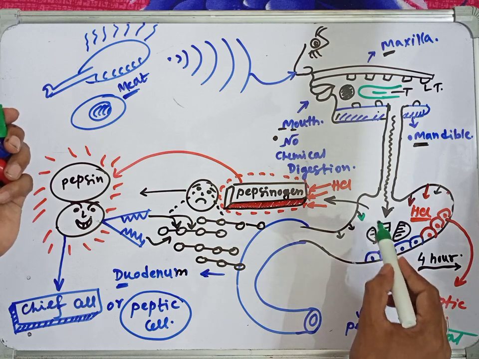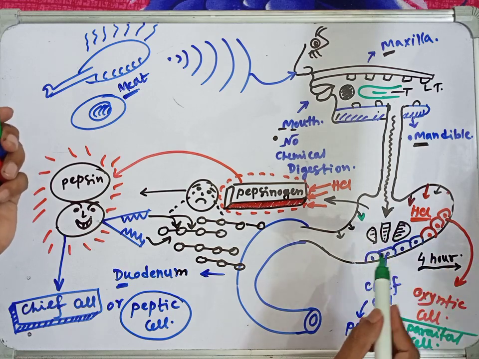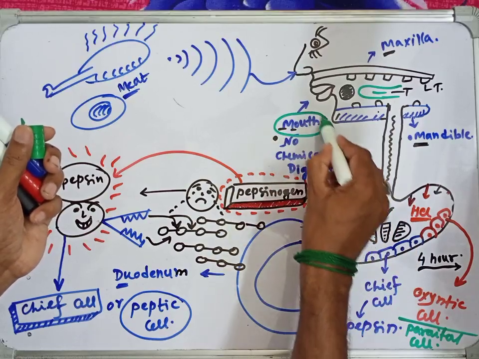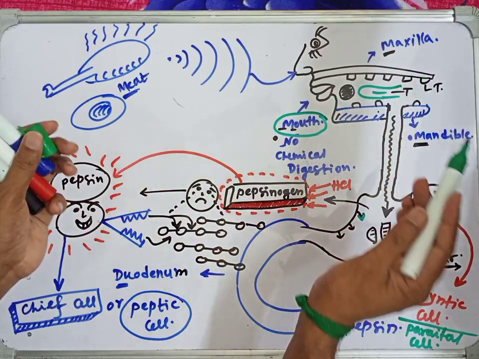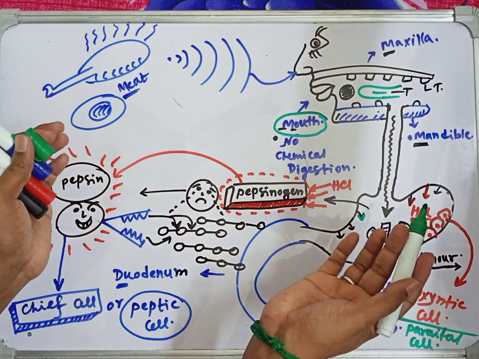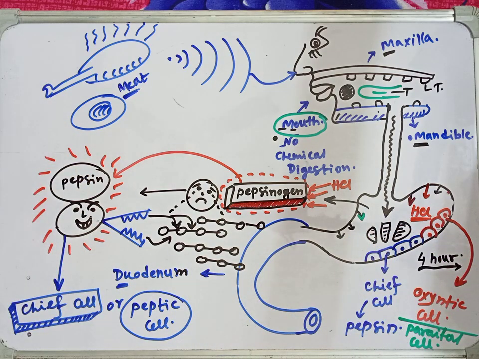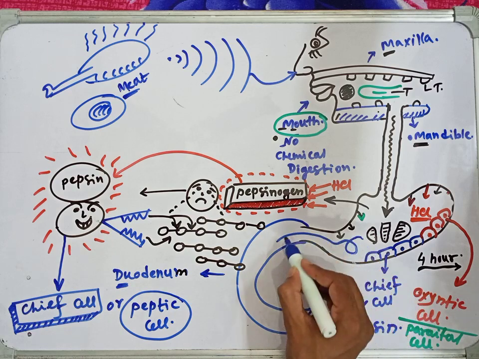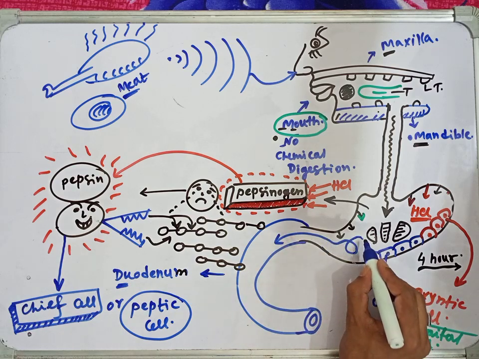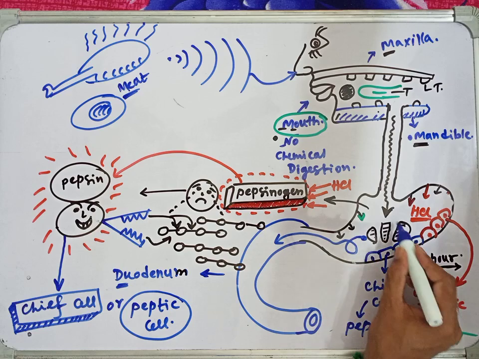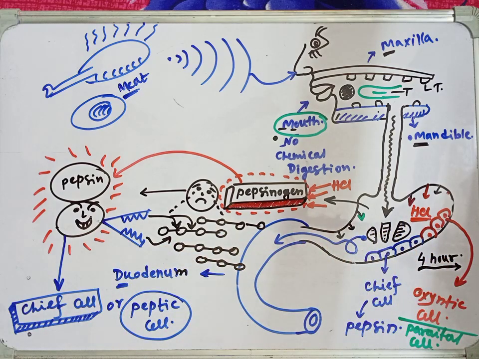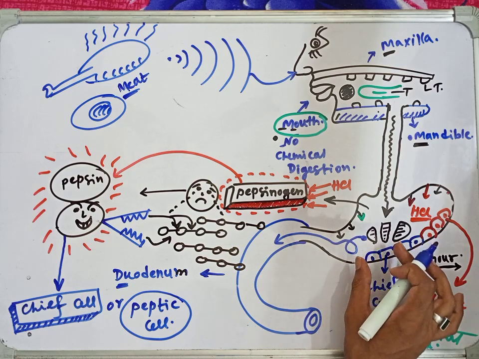So first digestion of protein occurs inside the stomach chemically, but our mouth digests the protein physically with the help of teeth, tongue and jaw, right? Now this partially digested protein, one more important point, my dear student, focus on that.